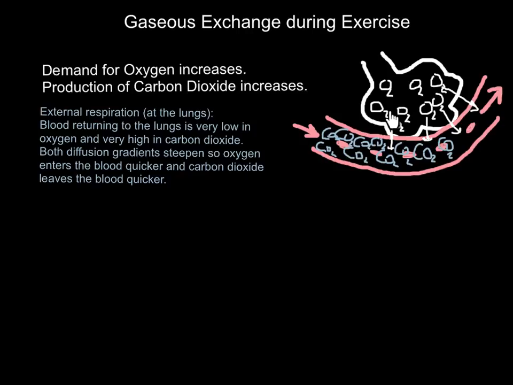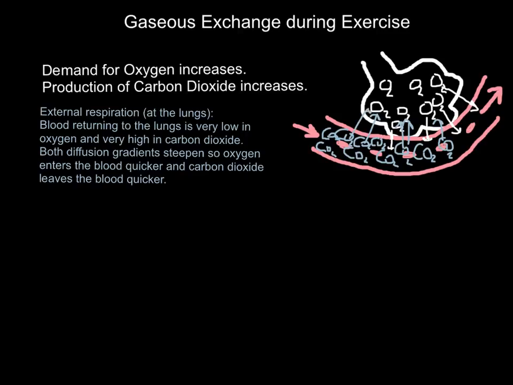Oxygen is going to diffuse very rapidly into that bloodstream, and as we said, blood returning to the lungs is very low in oxygen, but it's very high in CO2, tons of it. Your muscles have been producing this. So the CO2 is very high in the blood capillary, very low in the alveoli, or virtually non-existent. So again, the diffusion of CO2 is steeper, it's a steeper gradient, therefore it's going to happen more rapidly.